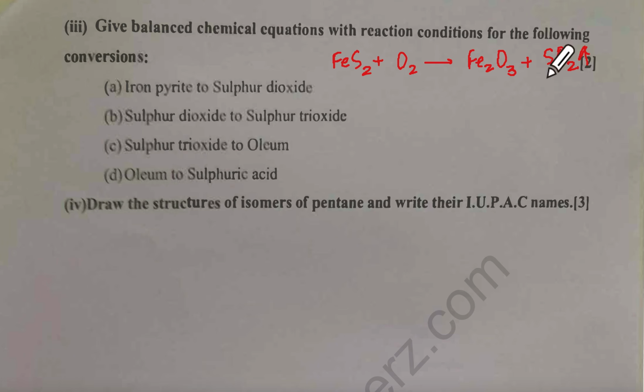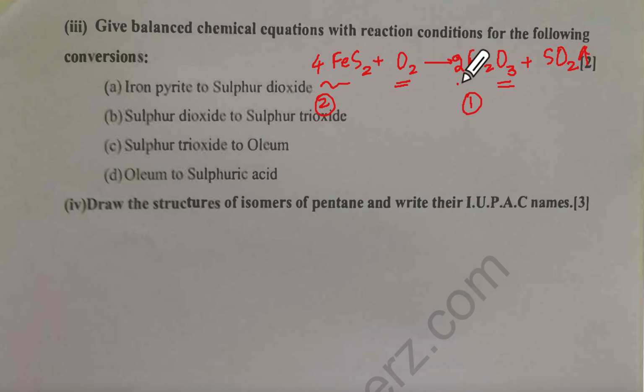So if you forgot this by heart how it was, then what you have to remember: this oxygen is an even number, this is an odd number, make this even. Understood? This is your step number 1. Now how many Fe's do you see? 4. That is your step number 2. Now Fe is balanced.